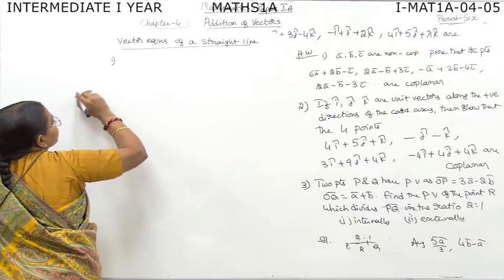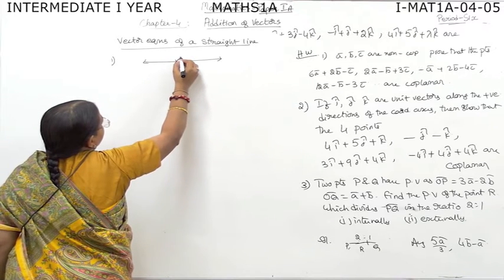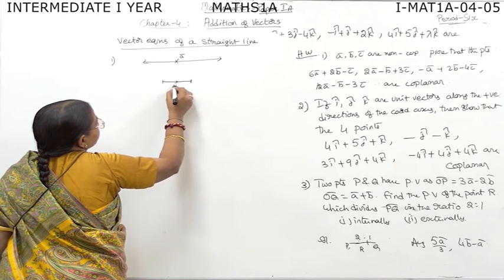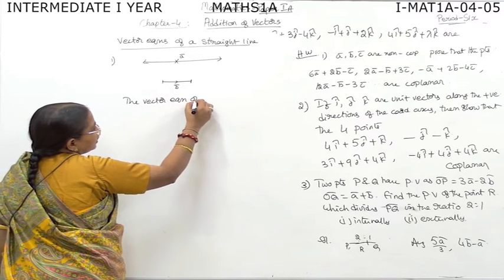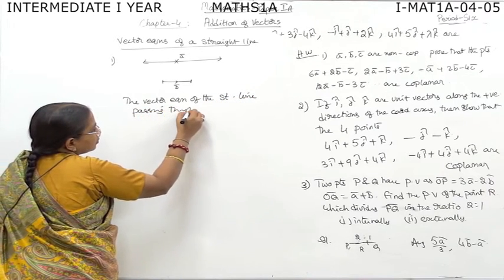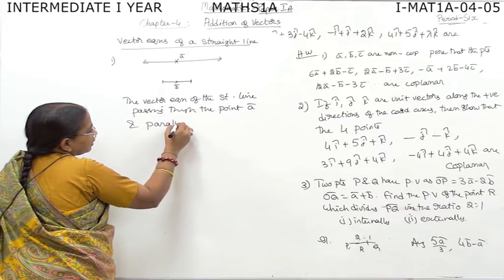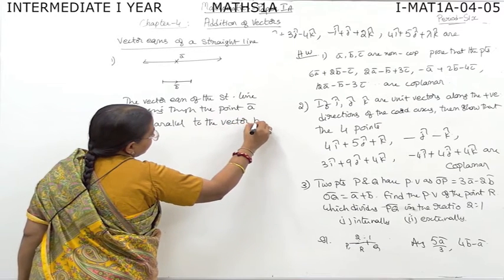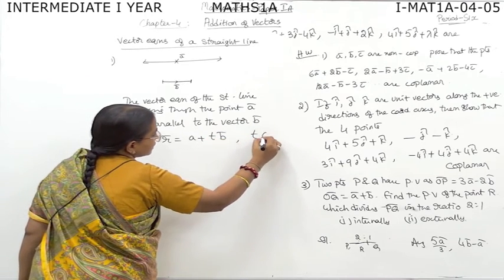The first one: suppose the straight line is passing through a point A and it is parallel to some vector B. Then the vector equation of the straight line passing through the point A and parallel to the vector B is r = a + tb, where t is a scalar, a real number.